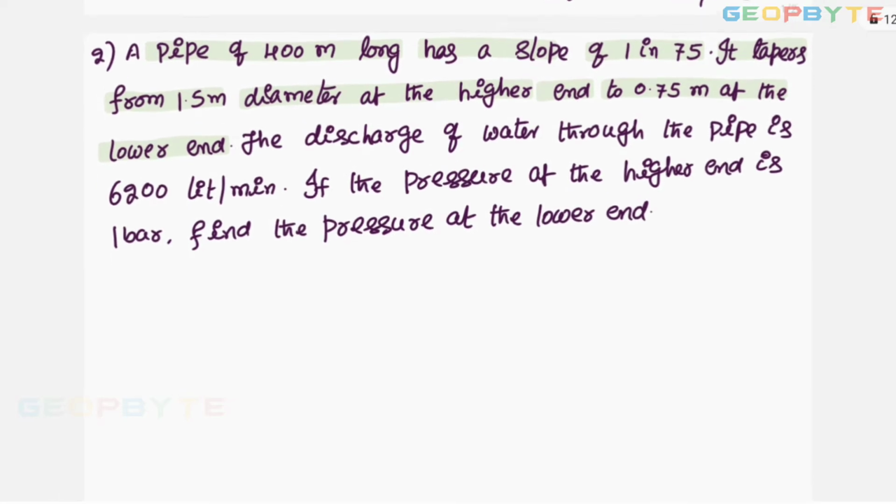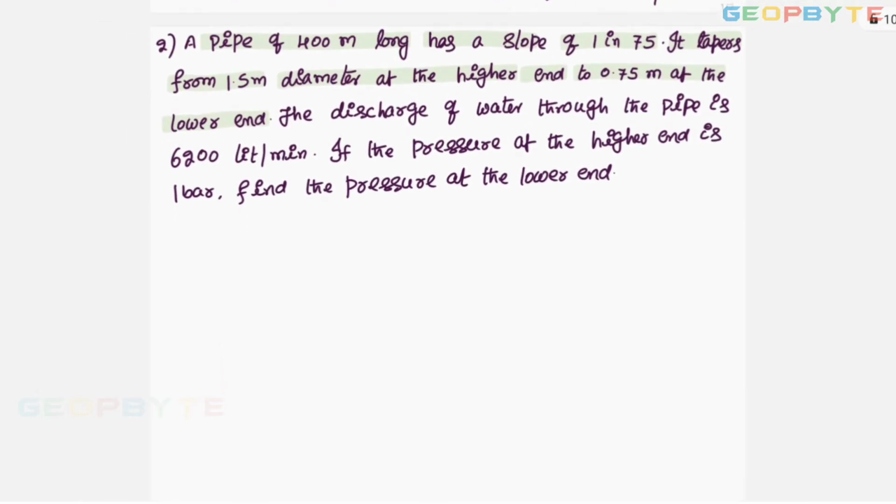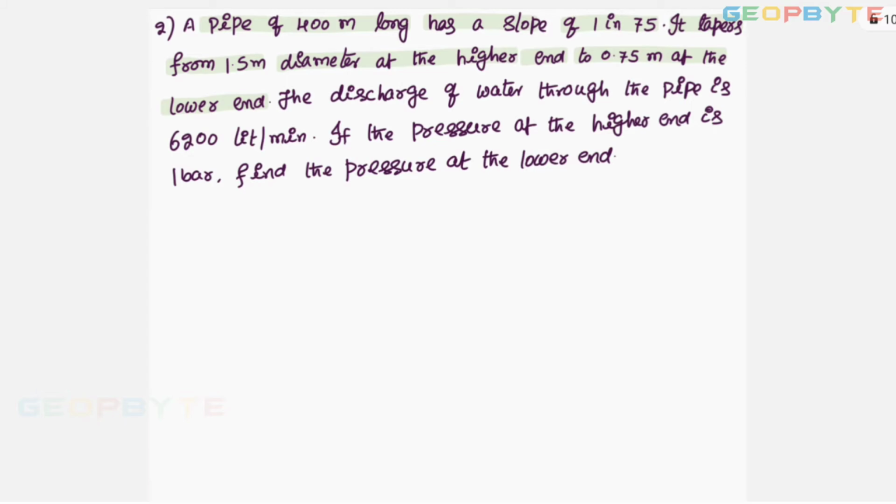Length of the pipe is 400 meters, but it is a tapered one and it is connected at an angle. That is the reason the slope is given. It tapers from 1.5 meter diameter at the upper end. It may be like this.